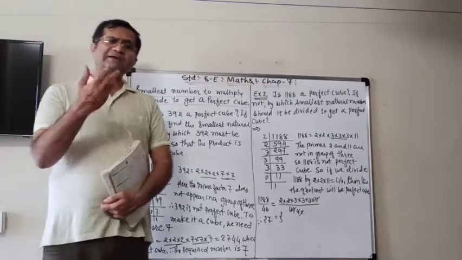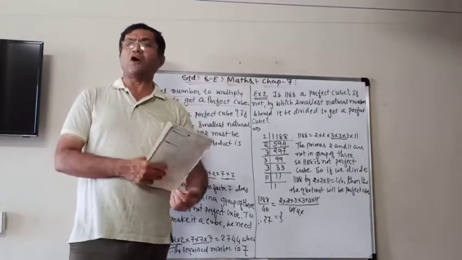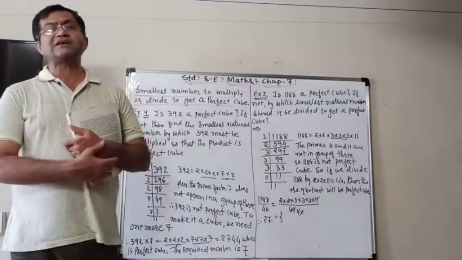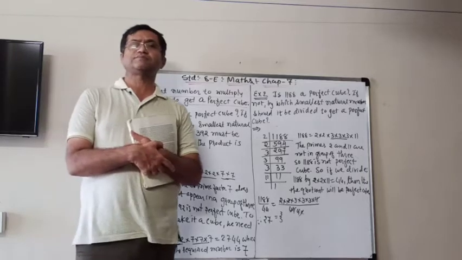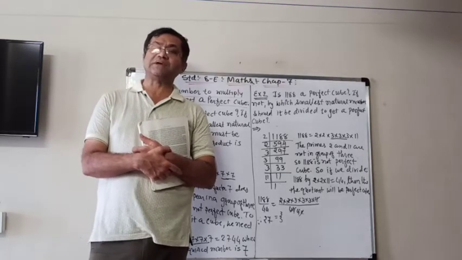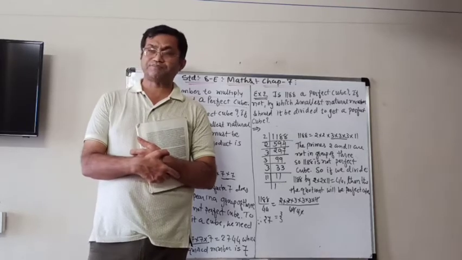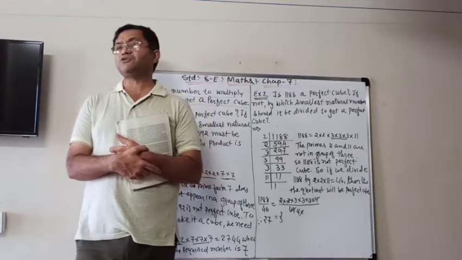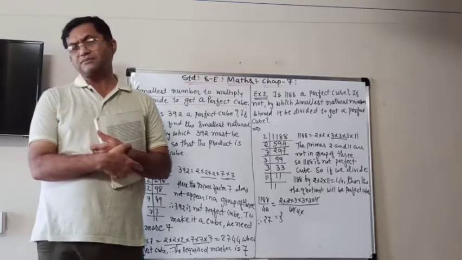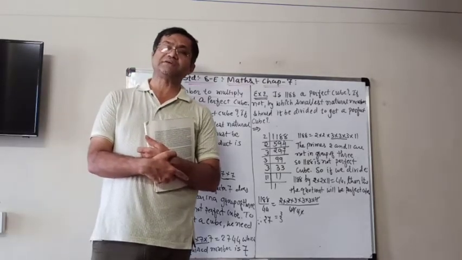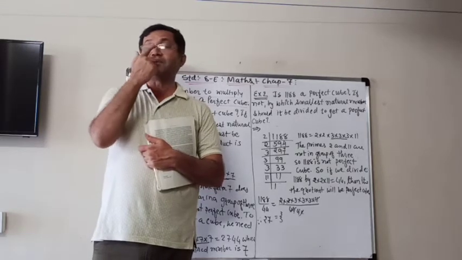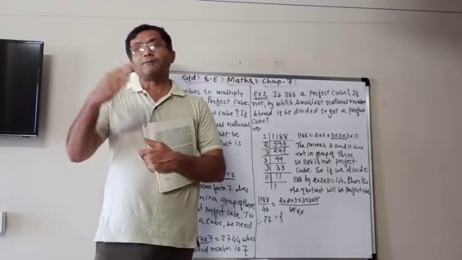I mean, by multiplying or dividing that number by the smallest number such that the product or the quotient can be a perfect cube. It means either we have to multiply that number with the smallest number, or we have to divide that number, so that we can get a new number which is a perfect cube.